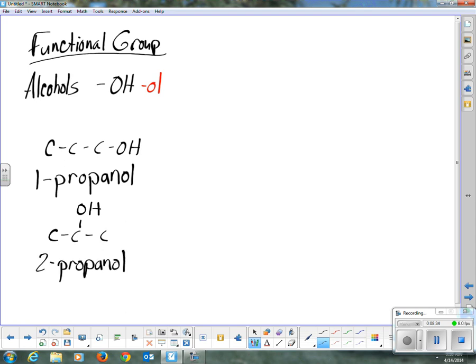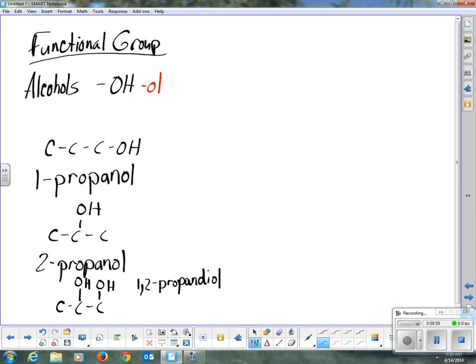So I number just like I would any other thing. I can have 2 alcohols coming off, like this. In that case, I would have a 1, 2 dash propanediol. So I have 2 alcohols, the diol.